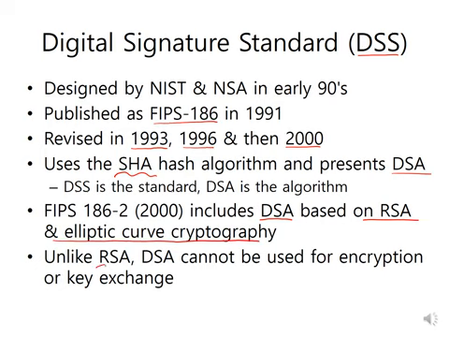So the RSA is a much more universal public key algorithm, which can be used for key distribution, data encryption, or digital signatures, but DSA can only be used for the digital signature. And then let's see the algorithm of the DSA.